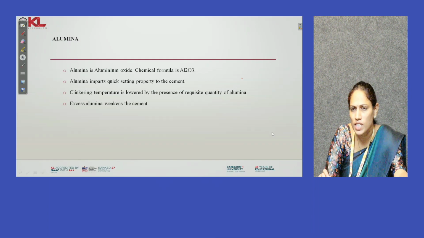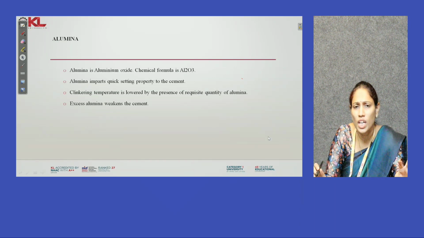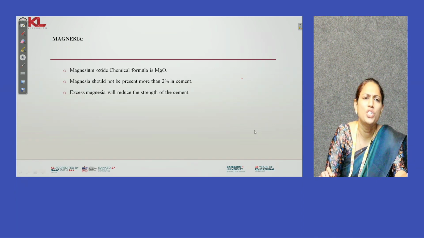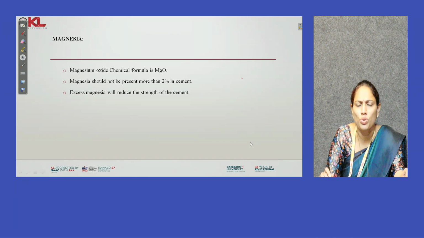Excess alumina weakens the cement. Whatever the constituent or component is, it should be in a limited range, neither exceeding nor falling below it, so that the strength of the concrete is not affected.